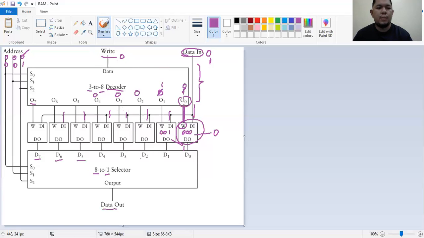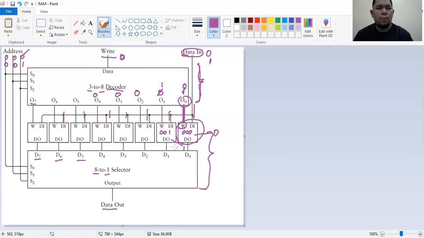Therefore, we can trust that this specific selection of the address, either we say that this write is 0, or the data. Okay, let's say that the write is 0. Therefore, this part of the circuit is immobilized. Therefore, we can say that this part of the circuit is the only one that is working.